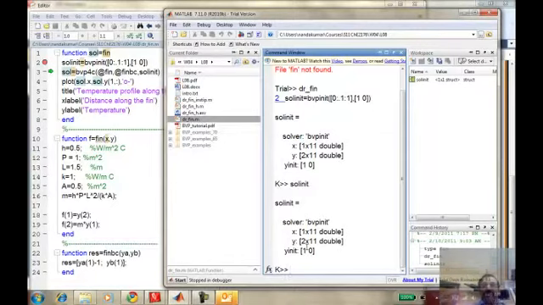So sol INIT, for example, is a structure that has two arrays embedded in it. The first array is X, which is the location of all the independent variables. And the second array is Y, which has two components, Y1 and Y2, at the same locations.